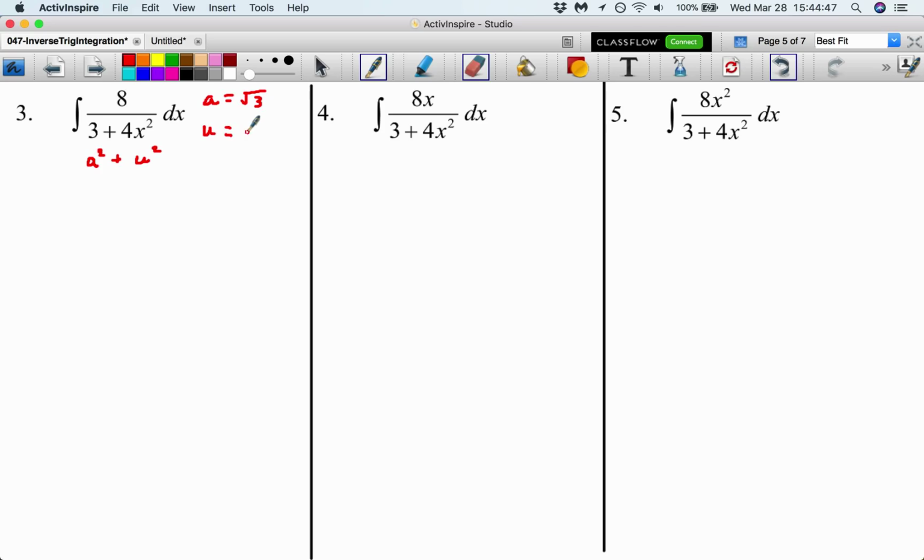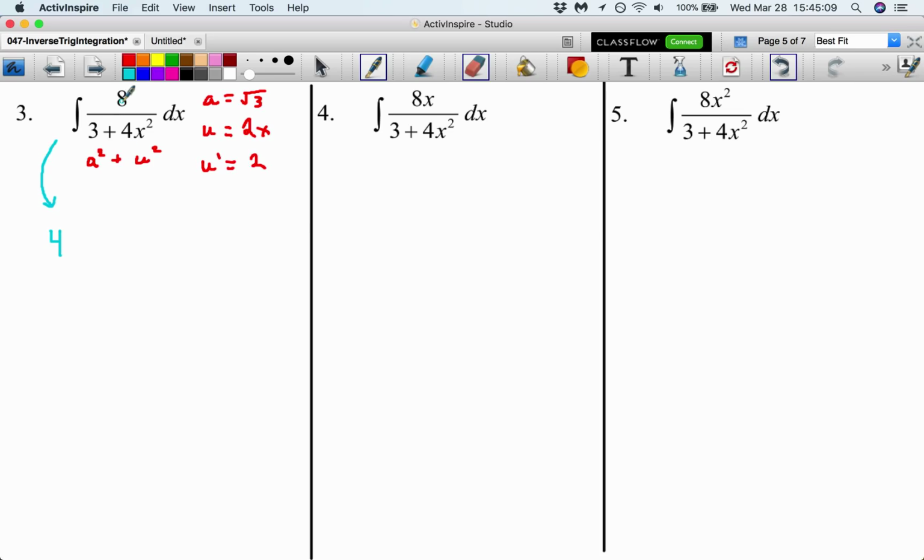U is going to be 2x, just like in the last example. And that would make u prime equal to 2. So I need a 2 on the top. There's a number of ways to get 2 on the top, but you should be able to get to this form. I'm going to get 2 on the top by factoring out a 4.